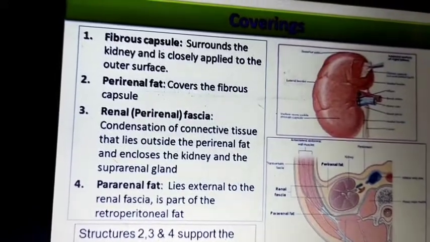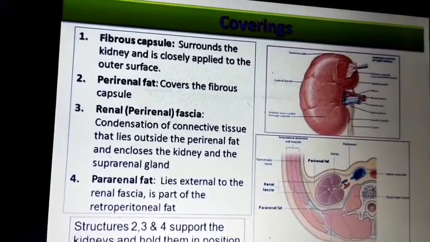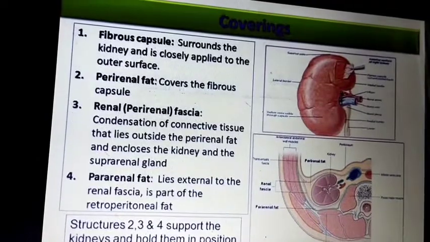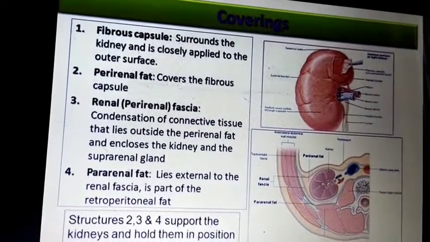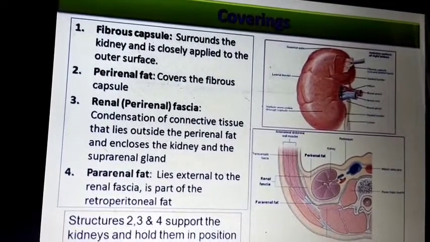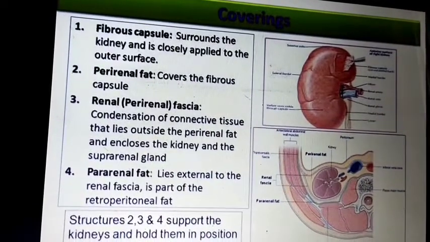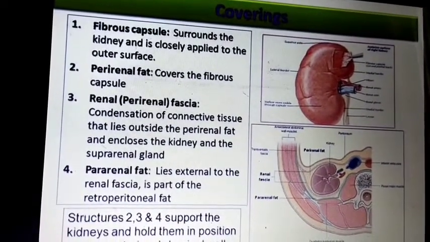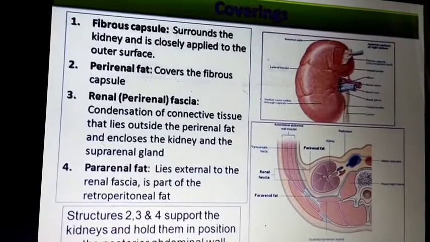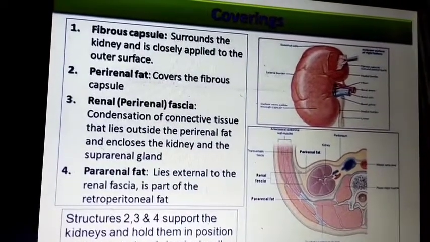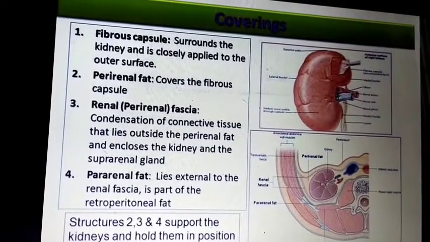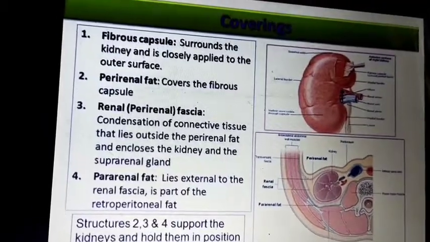Renal fascia or perirenal fascia is a condensation of connective tissue that lies outside the perirenal fat and encloses the kidney and the suprarenal gland. Then pararenal fat lies external to the renal fascia and is part of the retroperitoneal fat.